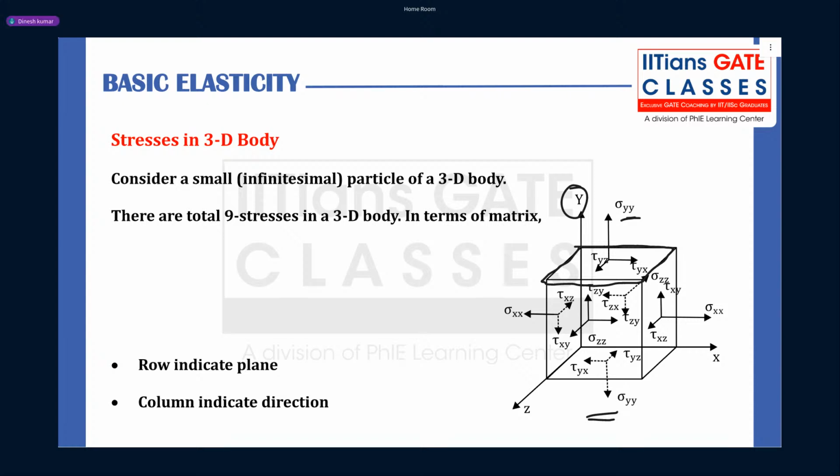The corresponding shears are in the positive x and positive z directions. If you take the bottom, the normal stress is going downward, which is negative y, so the corresponding shear is also in the negative direction. Everybody, is it clear?